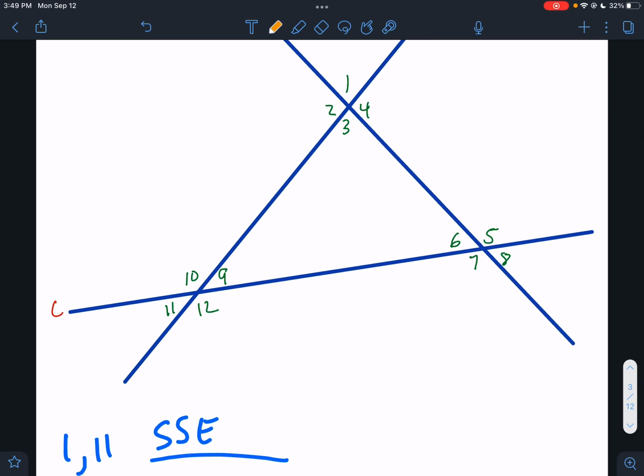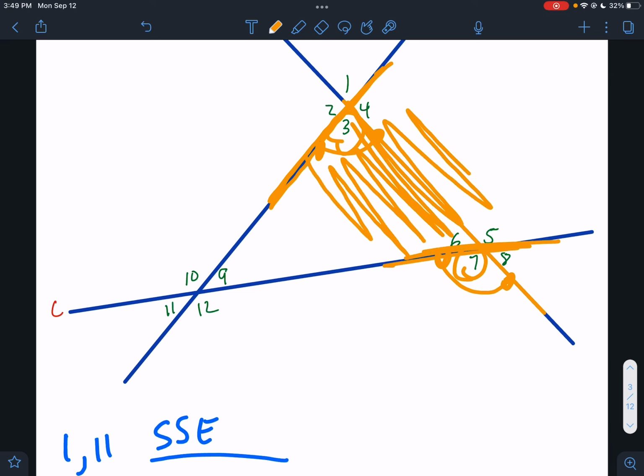All right. How about angle 3 and 7? Trace angle 3. Trace angle 7. Connect 3 to 7. That's the transversal. Here's the other line for 3. Here's the other line for 7. Here's the space between. 3's in there. So angle 3 is in the space between. How about 7, though? 7's not.